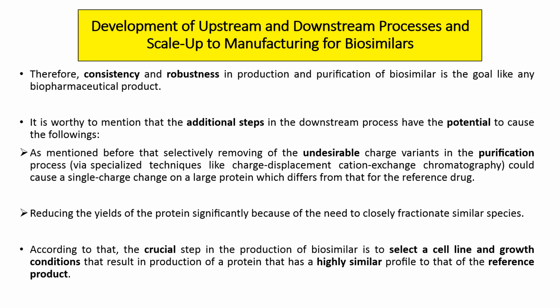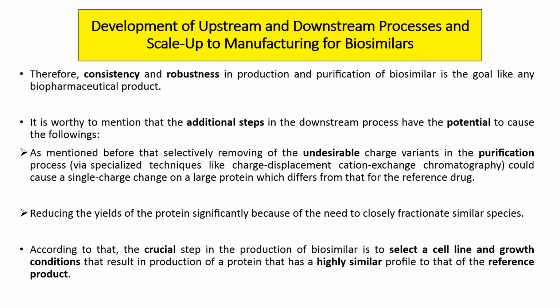Also, additional steps, as we said in the previous slide, are added in the downstream processes in order to get rid of these variants. However, these additional steps also have the potential to cause the following.